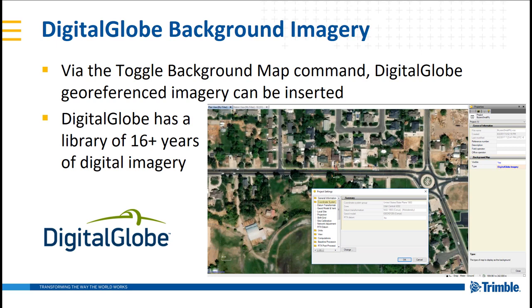The DigitalGlobe library has over 16 years of digital imagery. This library is accessed via a Trimble Connect login. The Trimble Connect login is a free account that you can sign up for to access such imagery with the toggle background map command, particularly useful for GIS-based workflows.